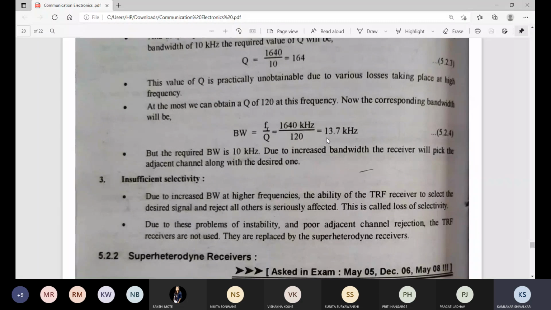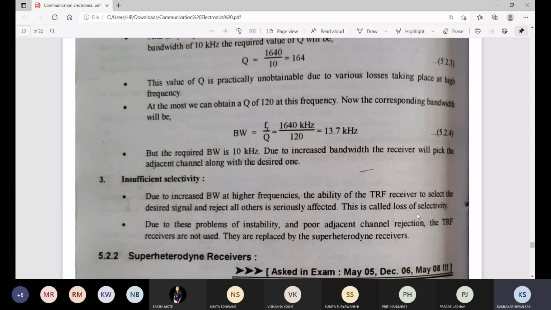म्हणजे 1305 च्या जागी तो 1250 पासून 1350 पर्यंत एवढा मोठा बँड तयार करेल. मग ह्या बँड मध्ये जर दुसरे स्टेशन असतील, all will be selected. So this is called the insufficient selectivity. सेलेक्टिव्हिटी म्हणजे काय? The desired signal can be selected by your receiver, it is called selectivity. ठीक आहे.